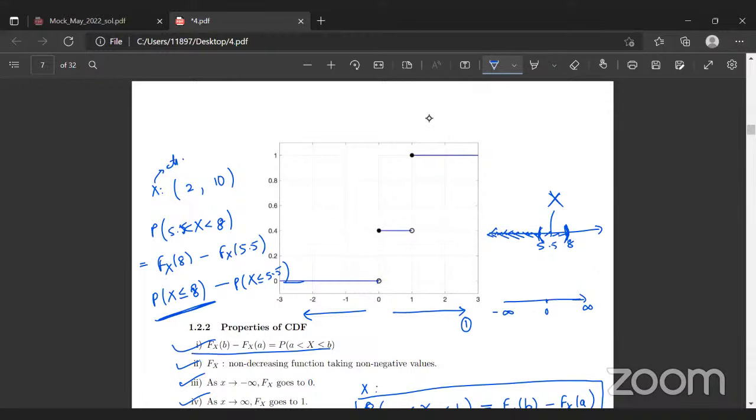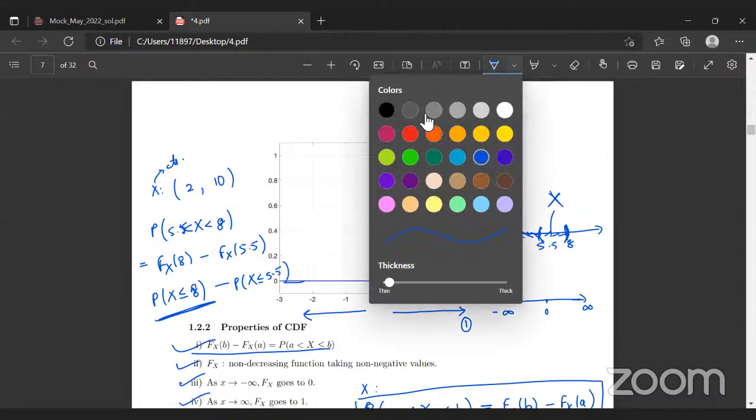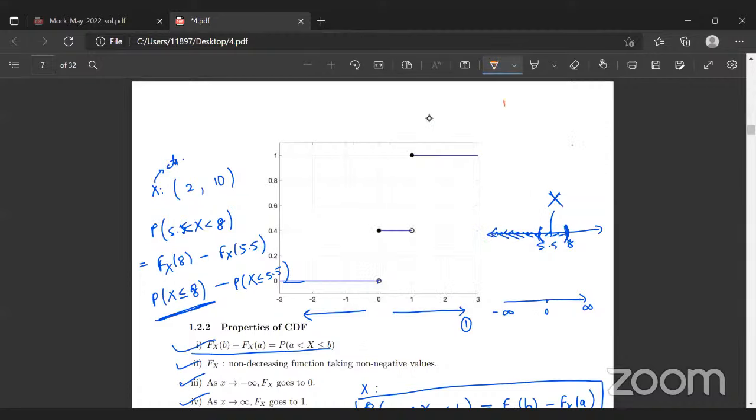This is a graph for the CDF, but if we have to find the probability that x equal to 0 from here, we will look at how much jump there is at 0. So this distance is 0.4. Okay, so this is simply 0.4.